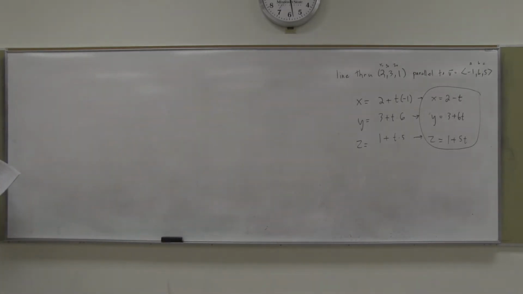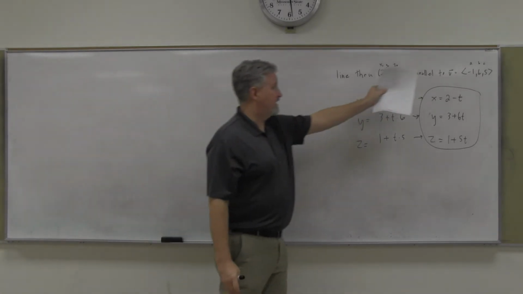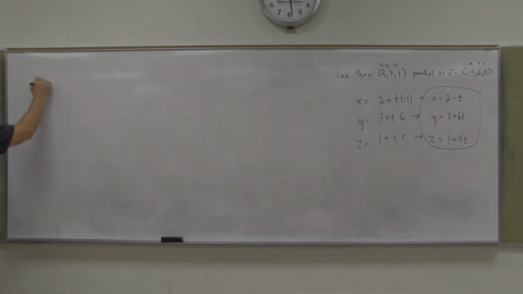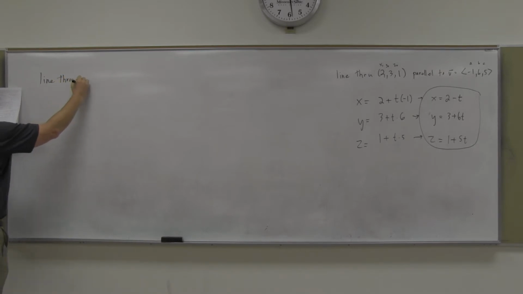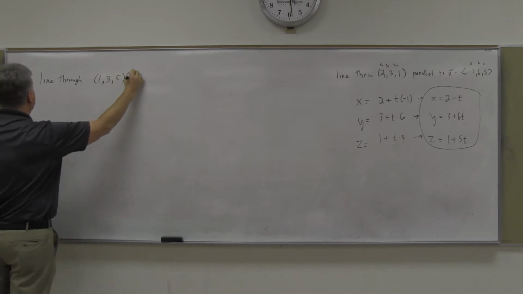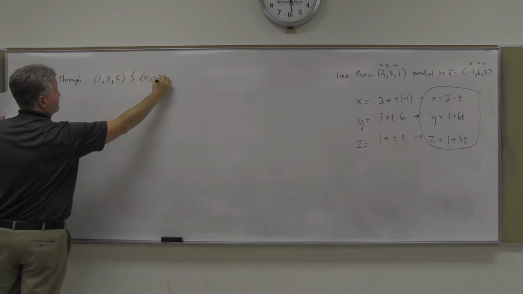But what if we were given 2 points instead of being given the point and the parallel vector? What if we were given 2 points? So what about the line through 1, 3, 5 and 0, -2, 1?